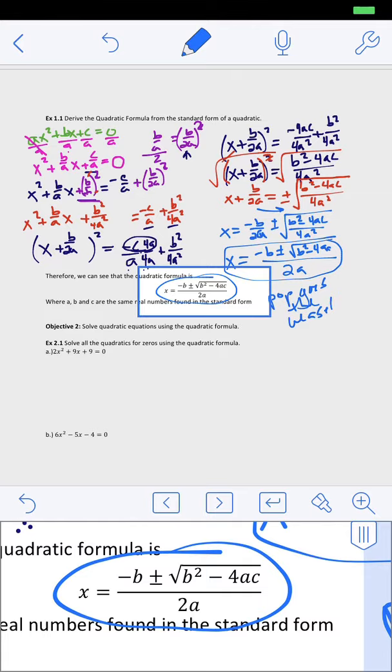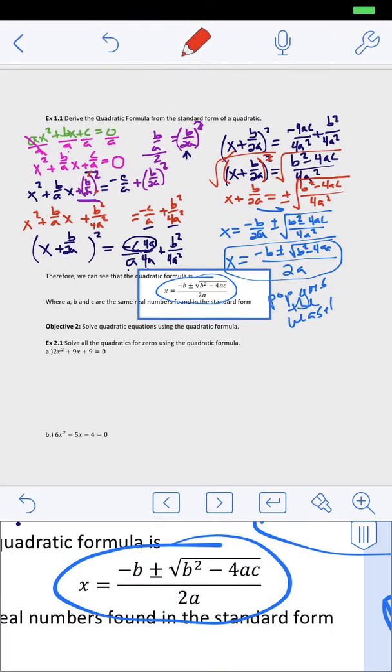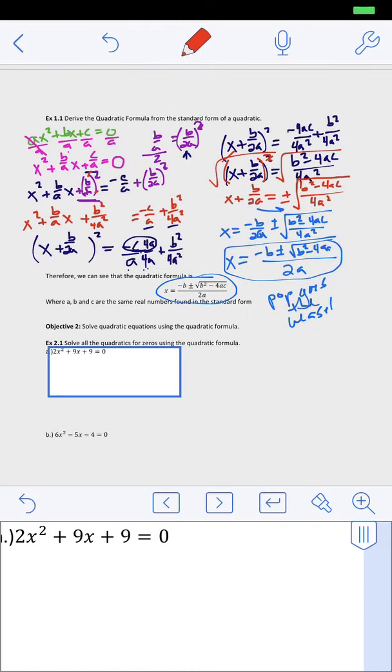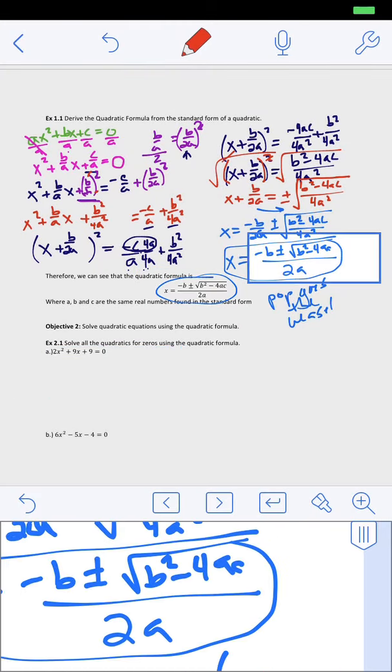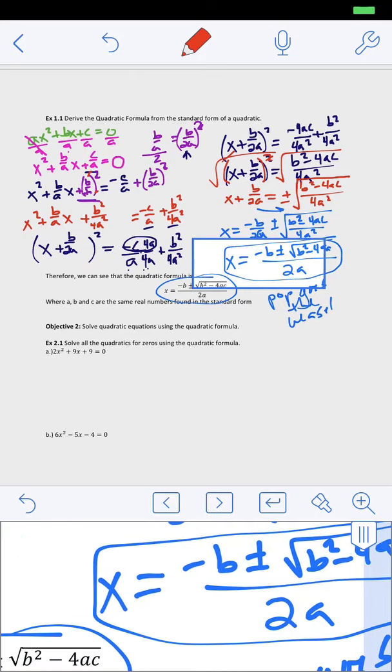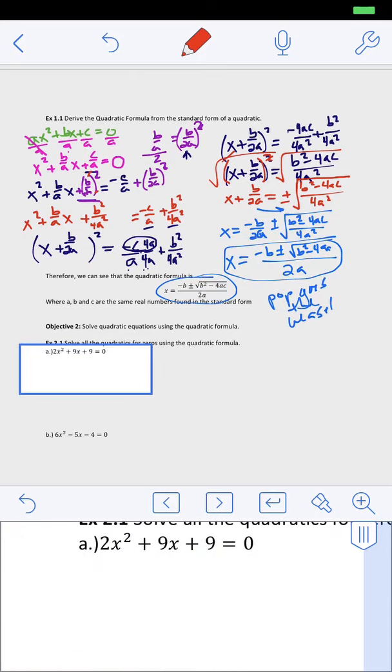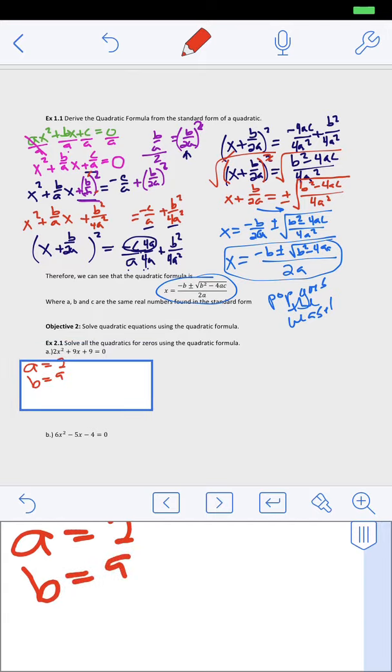Okay, cool. Now that we have this formula, let's go ahead and use it to solve some of these. So remember, in the formula, it doesn't matter if a is equal to 1 because we've got an a in our formula. First let's identify a, b, and c. a is equal to 2, b is equal to 9, c is also equal to 9.